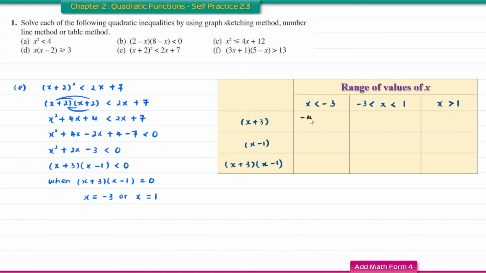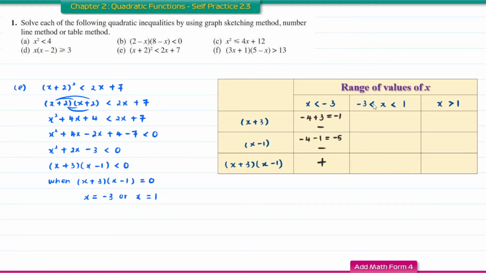So negative 4 + 3 will give you negative 1, a negative answer. And negative 4 - 1 is negative 5, a negative number as well. So when these two brackets multiply each other, a negative multiplied by a negative gives a positive answer, which is greater than 0.